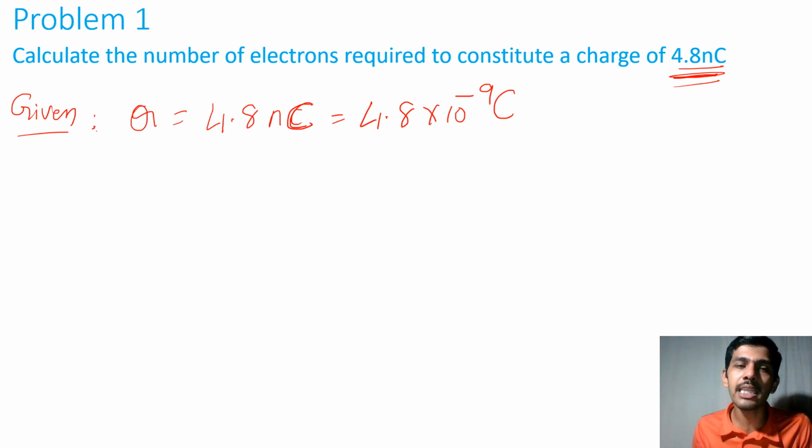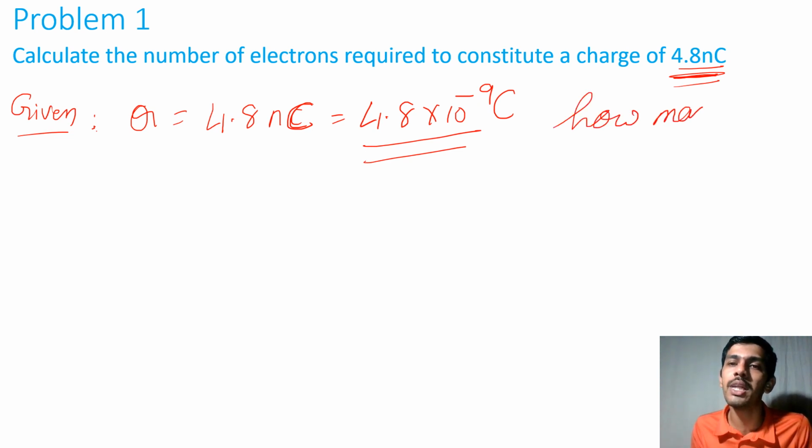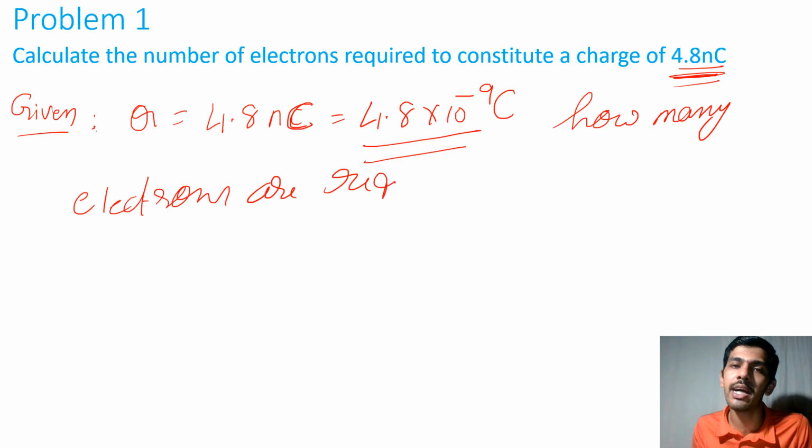They are asking, in order to form a charge of 4.8 into 10 to the power of minus 9 coulomb, how many electrons are required? So how to find that? We know that 1 electron has a charge of 1.6 into 10 to the power of minus 19 coulombs.